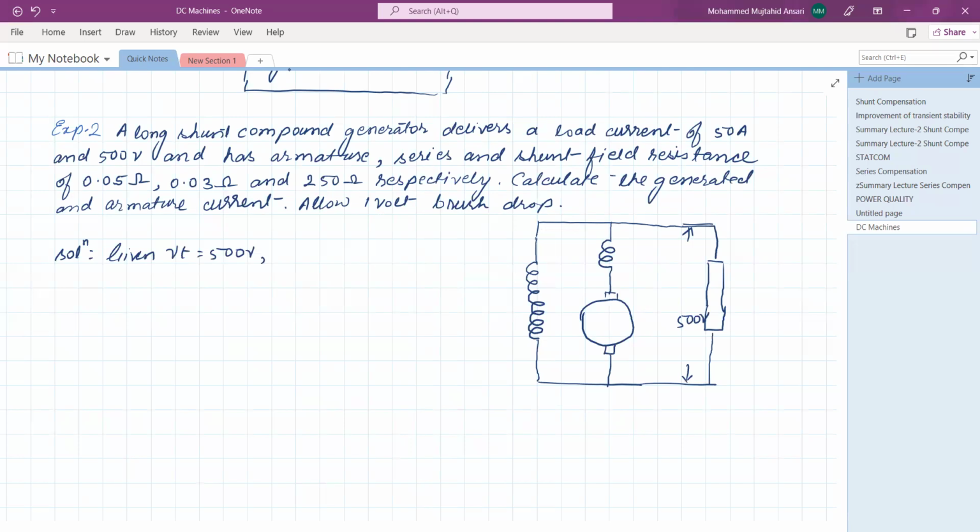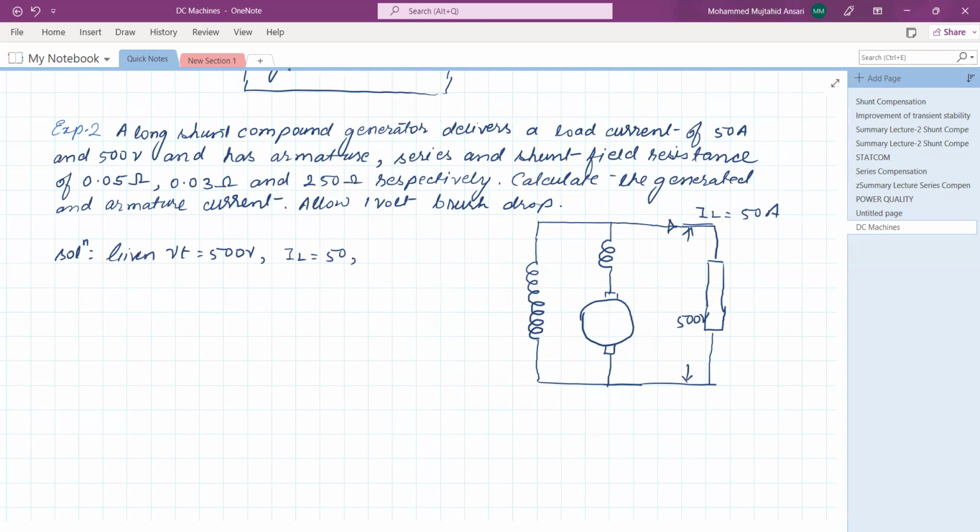And the load current delivered means IL is equal to 50 ampere. So your load current is equal to 50 ampere. Then armature, series and shunt.